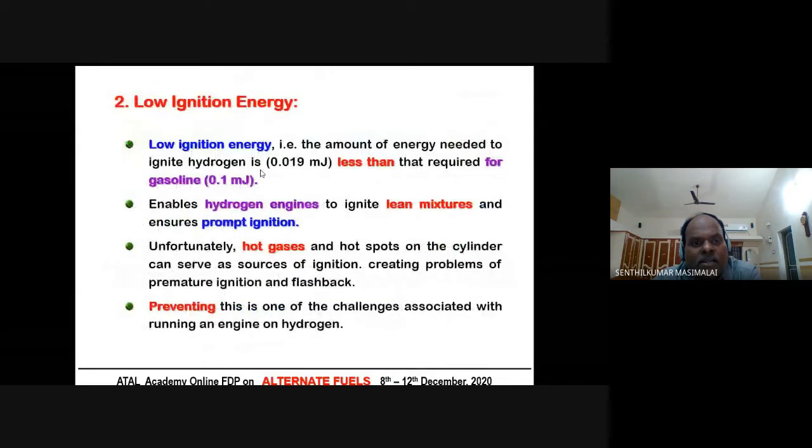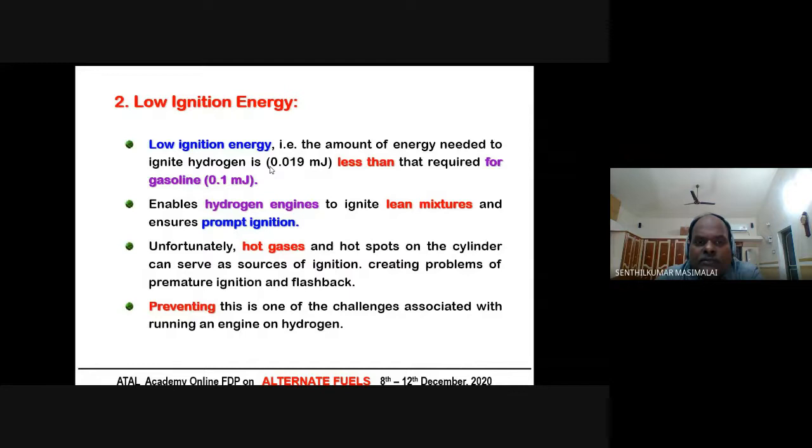Hydrogen has low ignition energy. For example, the minimum energy required for igniting hydrogen is 0.019 millijoules. Very small ignition energy. So hydrogen can be ignited very easily.